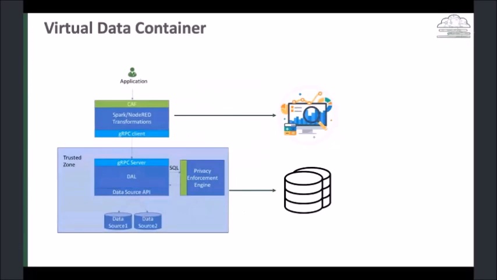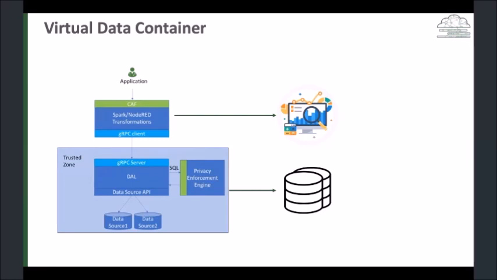In particular, the virtual data container is composed of two main parts, the data access layer at the bottom and the data processing layer on the top. The data access layer is in charge of enforcing the privacy. There is a specific component called the Privacy Enforcement Engine that is able to control all the queries done against our data source in order to check if the request has the right to see the data.